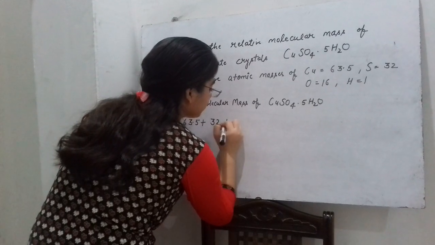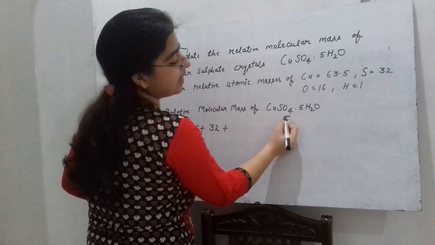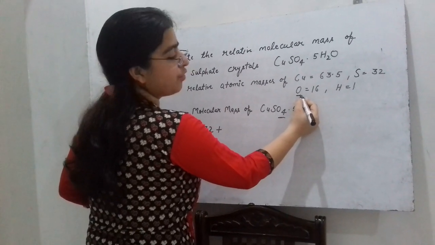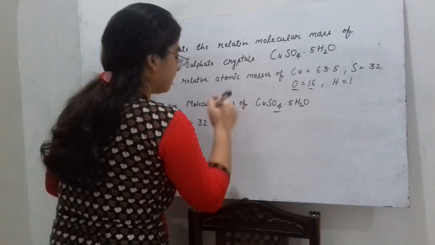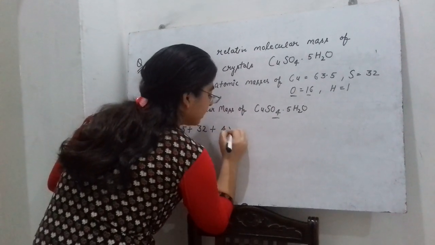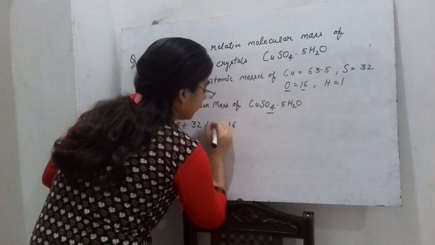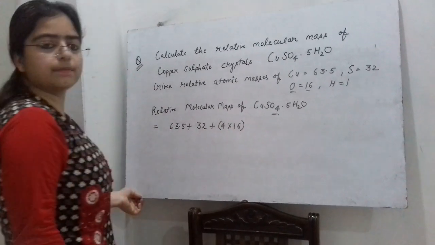So plus 32, plus here 4 atoms of oxygen are there, but the mass of one atom of oxygen is 16. So we will multiply by 4 in the atomic mass of oxygen in order to calculate the total atomic mass of 4 atoms of oxygen.